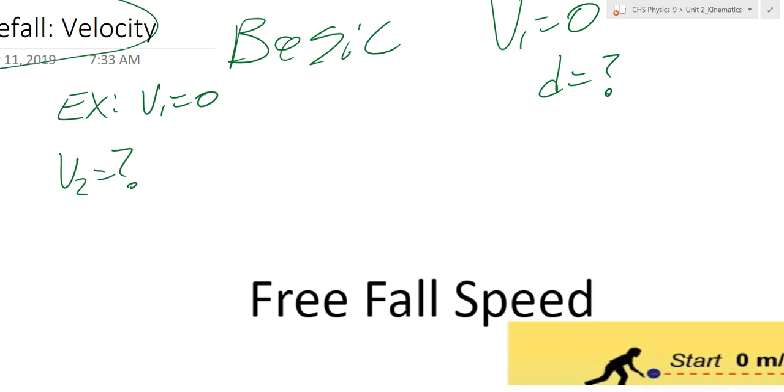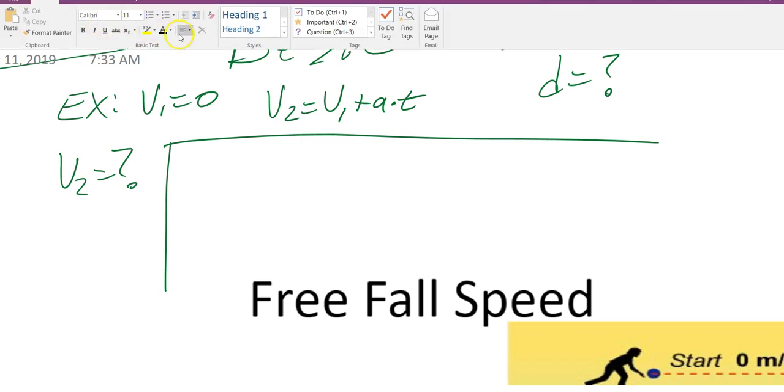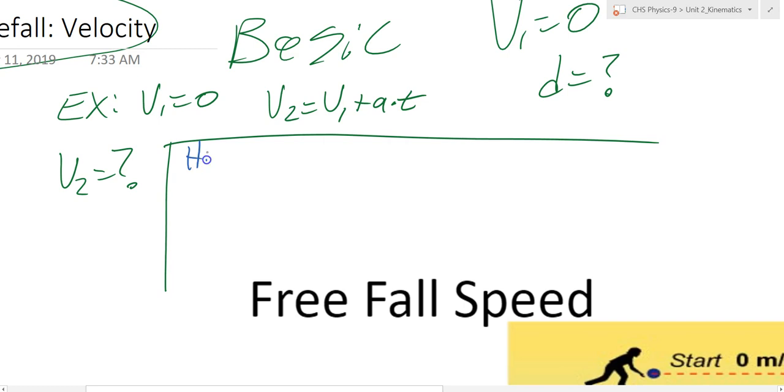So before we get started, the main equation that we're going to be using is this: v2 equals v1 plus acceleration times time. Now here are some hints. v1 equals 0 meters per second.